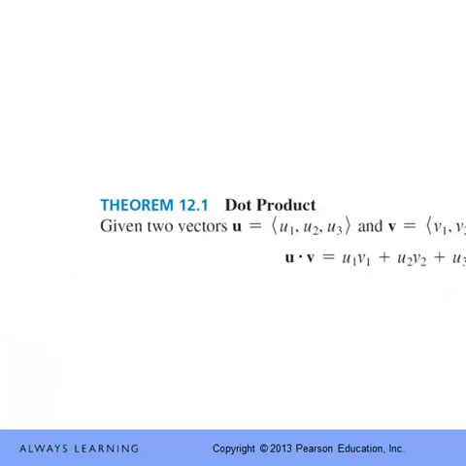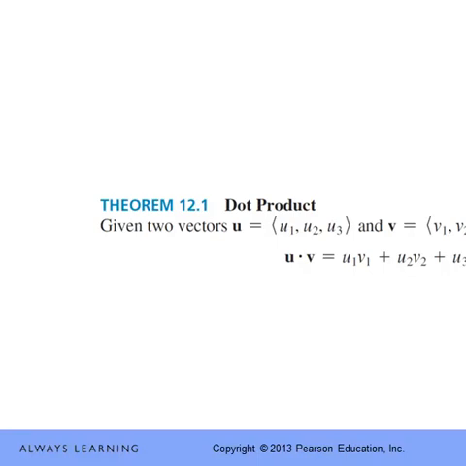All right. Now, algebraically, you can take the dot product of two vectors just by multiplying their components together and adding up those products. So you have vector u and you have vector v. u is u1, u2, u3.